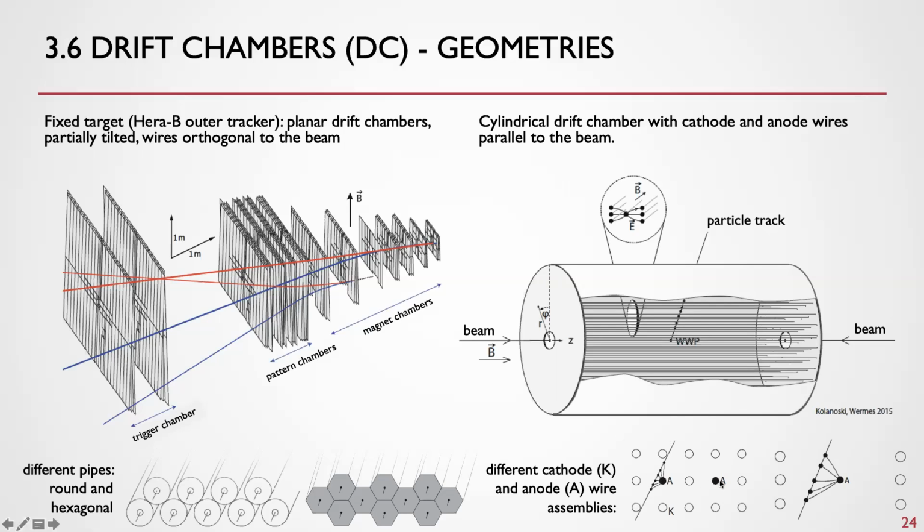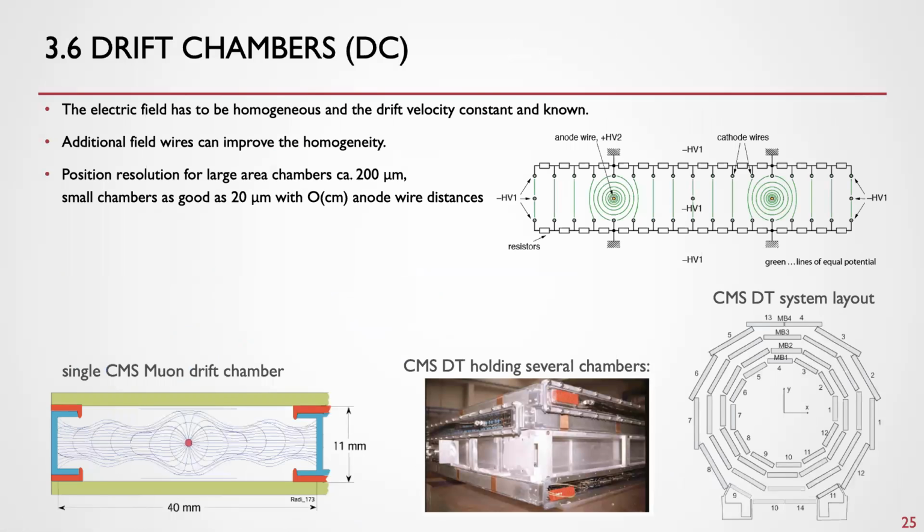There are anode wires and cathode wires. The anode wires is where the amplification happens. The cathode wires guide and provide the field. So when a particle runs through, one collects a signal, and from the timing of the signal at the various anode wires, a particle track can be constructed. We'll look at this a little bit more closely.